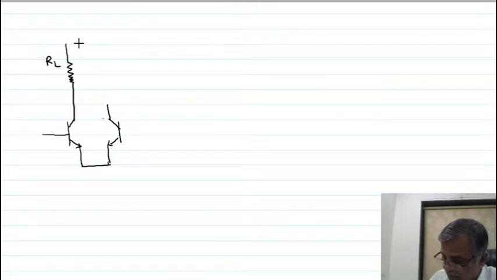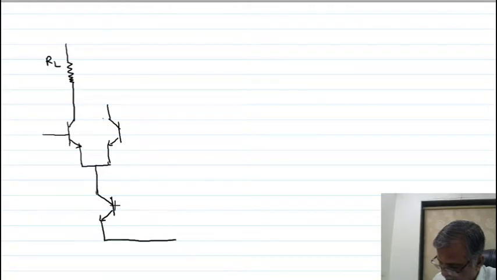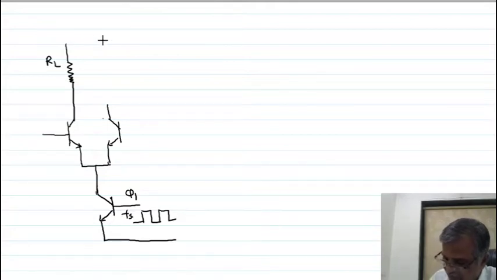Here is one transistor I am showing you. Here I am giving the input signal Fs with respect to the base of another transistor. Look here.